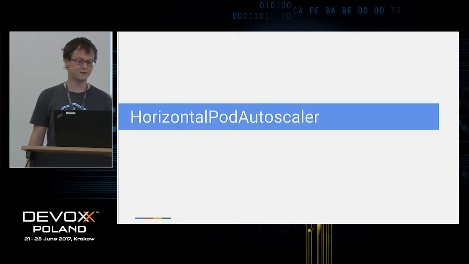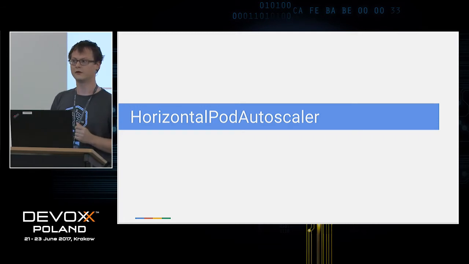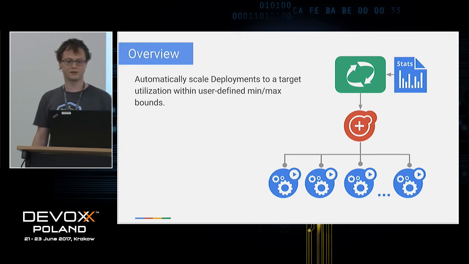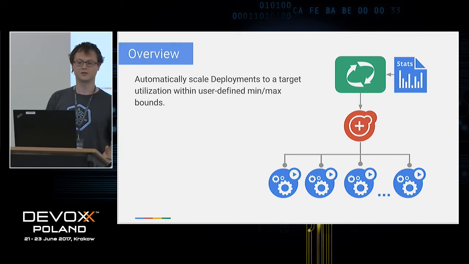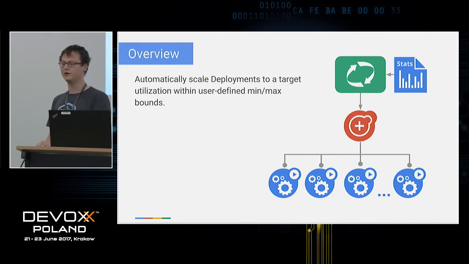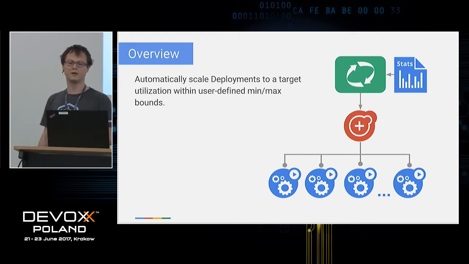OK, let's dive into some details. We'll start with the horizontal pod autoscaler, or HPA, as we call it. An HPA is a Kubernetes object that basically manages the size of a given deployment. It monitors the load on every pod inside the deployment, and it automatically scales our deployment up or down based on what it observes.